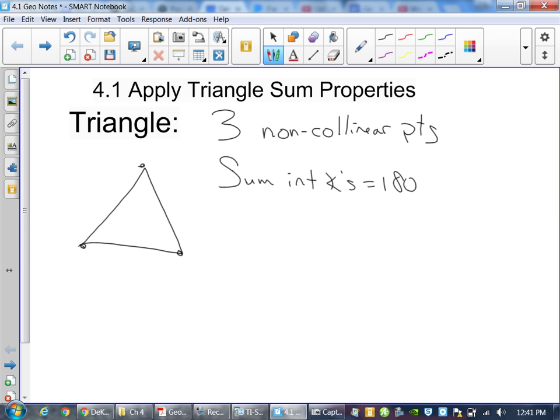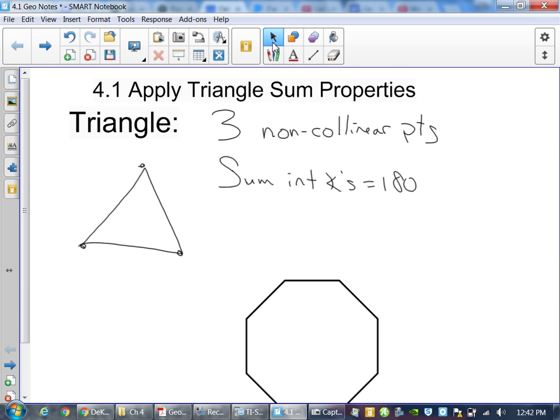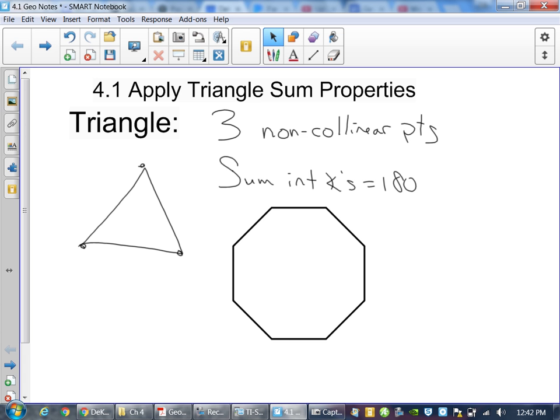We actually utilize that interior angle sum quite a bit later on when we start talking about polygons, because if you're able to figure out how many triangles fit in something, then you'll know how many degrees are in something. For example, that's an octagon, right?